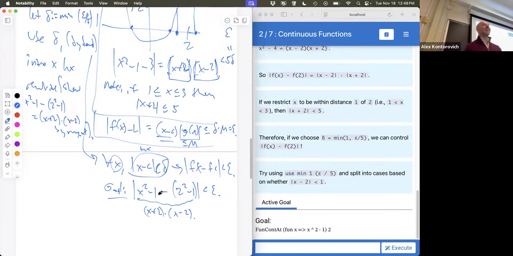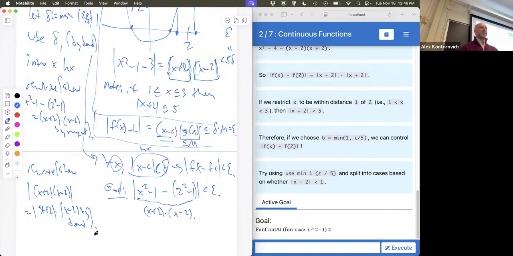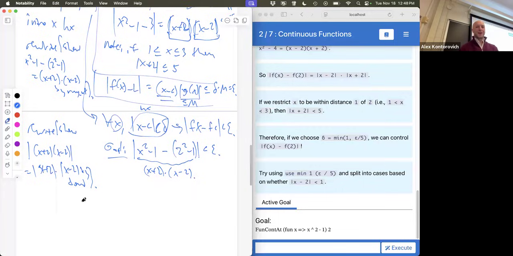Now what? Absmul, right? So let's rewrite, show the absolute value of x plus 2 times x minus 2 is equal to the absolute value of x plus 2 times the absolute value of x minus 2. I think bound will also do this, I recently discovered. Yes, but it's apply absmul or something. But bound will do it for us, okay? So now our goal is that this thing is less than epsilon.